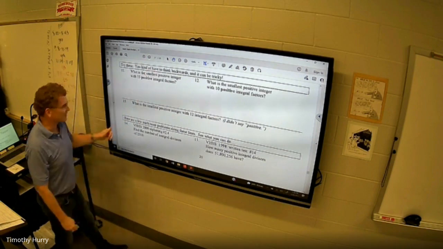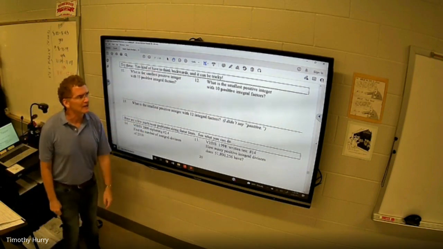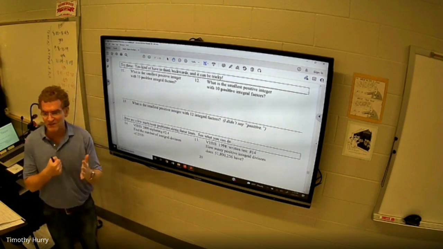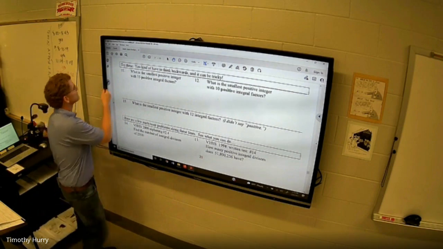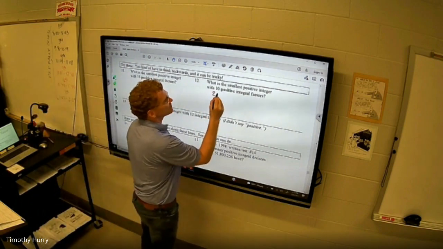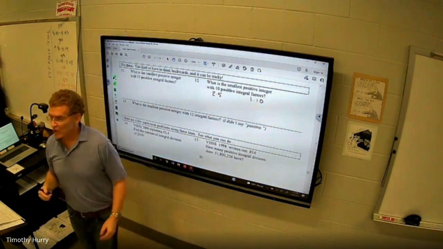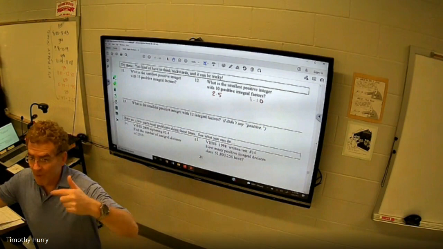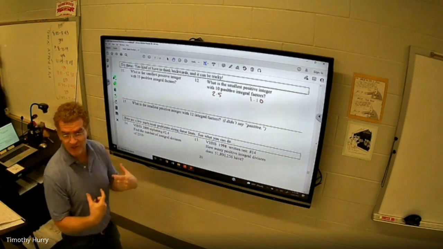Okay, let's try another one. What if I said this? What's the smallest integer with 10 positive integral factors? Well, that 10 came from what? 2 times 5 or 1 times 10. And that 1 and 10 and 2 and 5 were what? 1 more than the powers associated with these prime numbers.